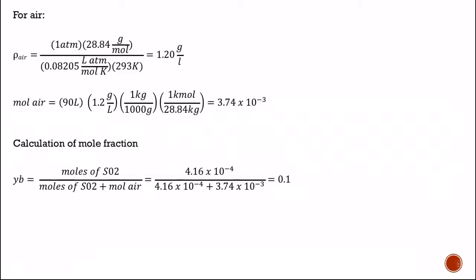Now, calculating for the mole fraction at the feed, we use moles of SO2 over moles of SO2 plus moles of air. Substituting the available values we calculated, we have YB is equal to 0.1.